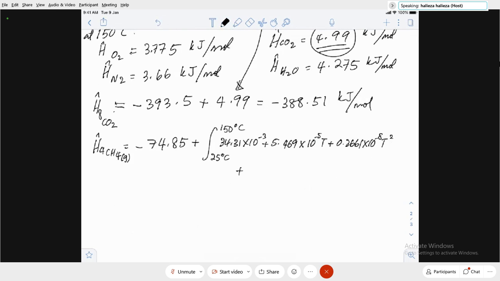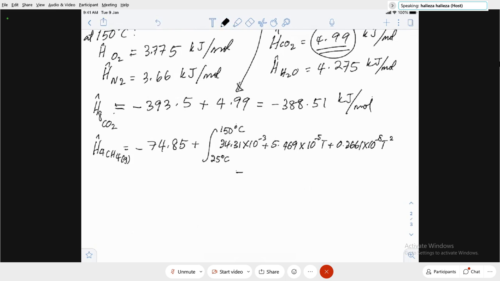Plus, not plus, minus 11 times 10 to the power of negative 12 T to the power of 4, with respect to temperature. After you have done that, you need to sum it with the negative 74.85. So what is the final answer? Somebody please give me the value.